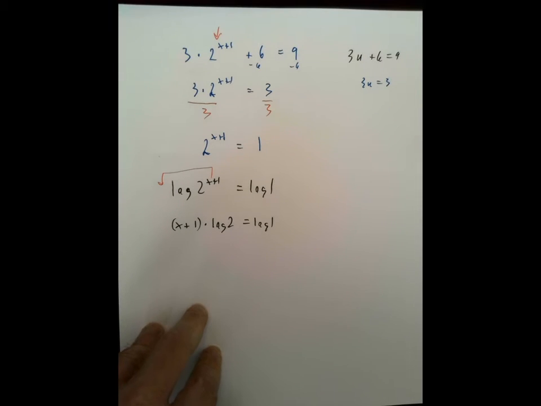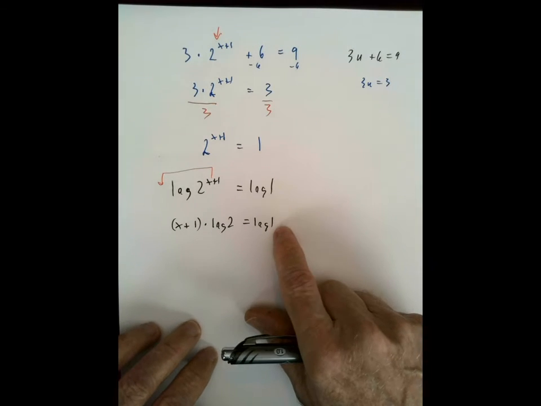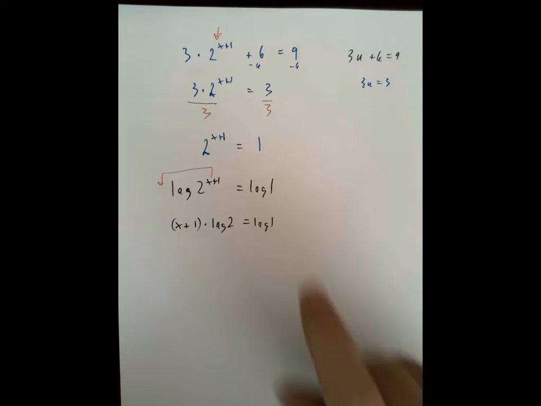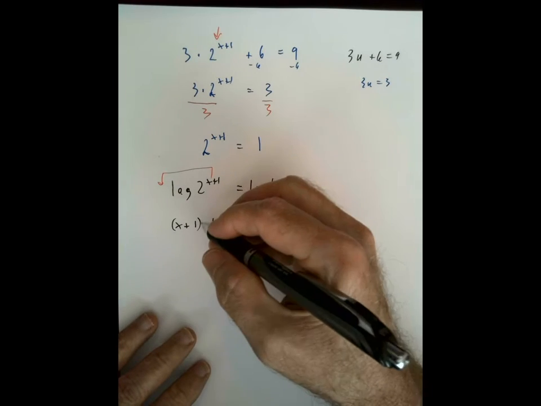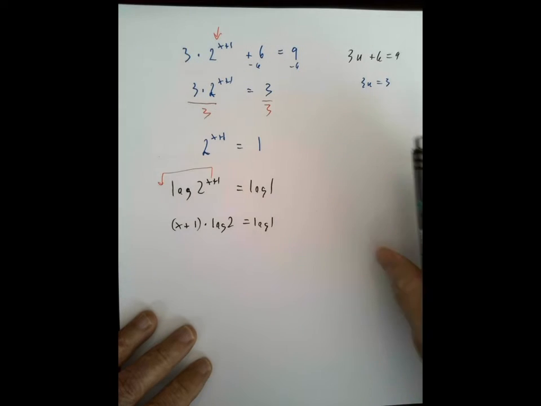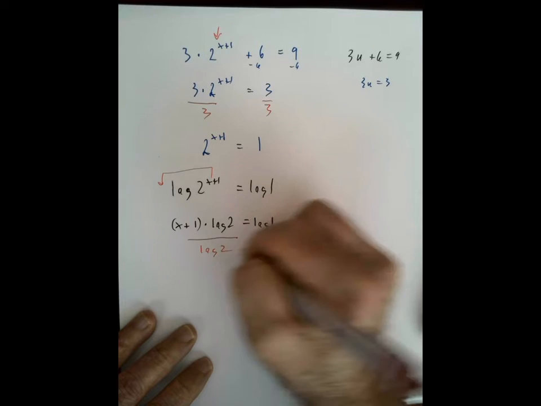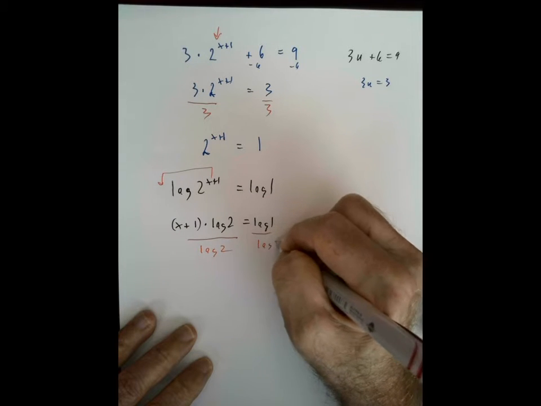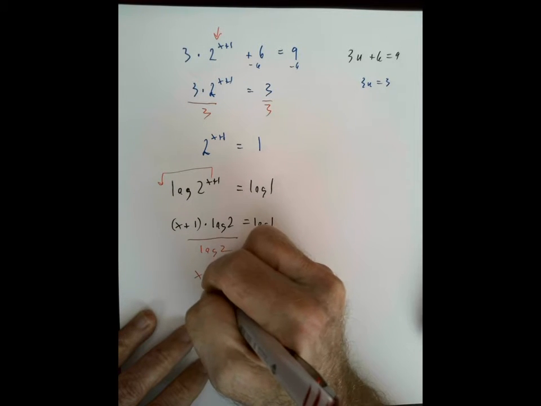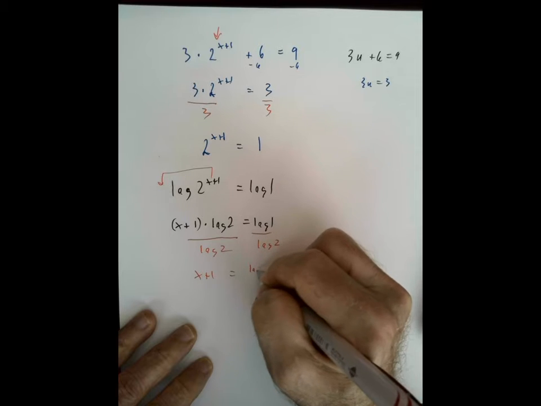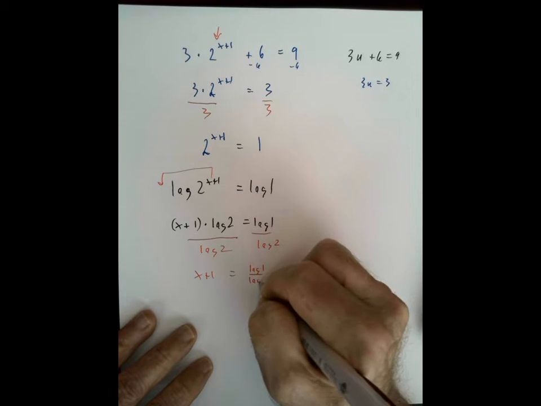Now, by the way, you might recognize what log 1 is equal to at this point, but we're going to leave it as it is. And we're going to now divide both sides by log 2, and so we've got x plus 1 is equal to log 1 divided by log 2.